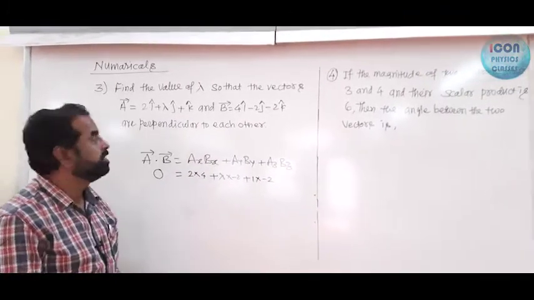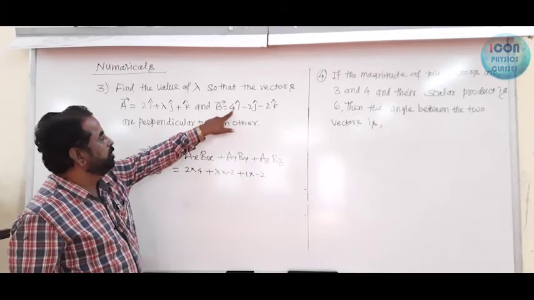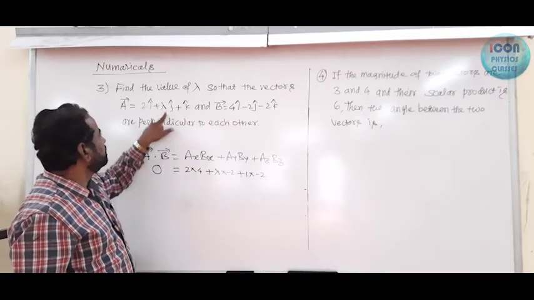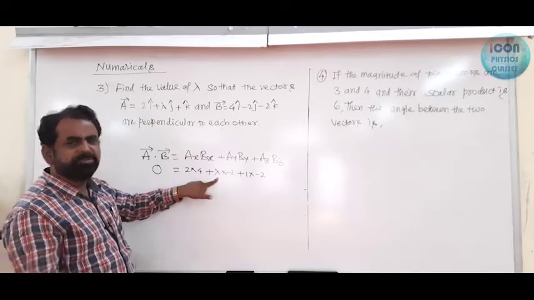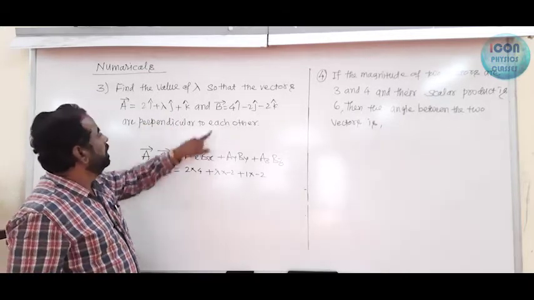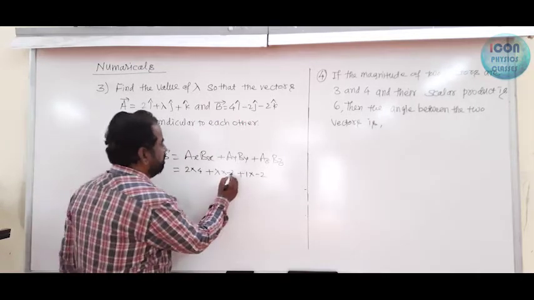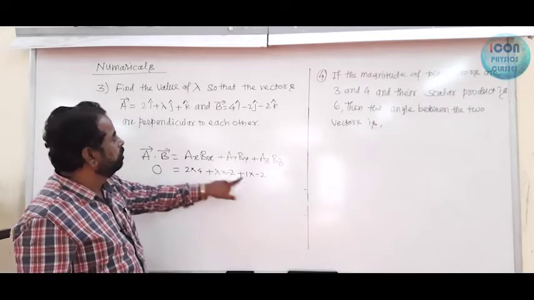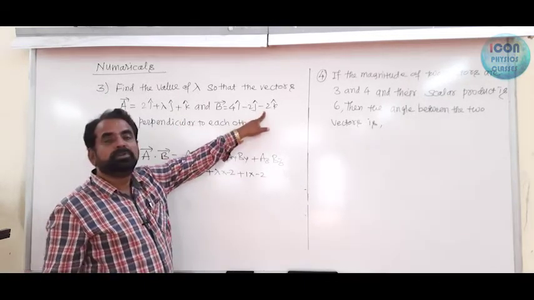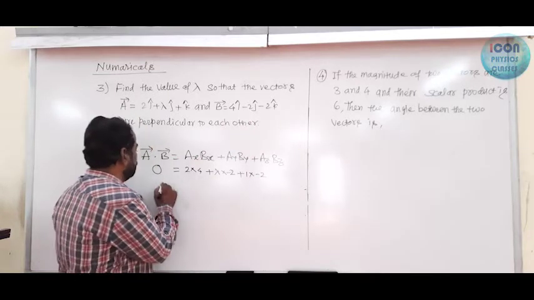Notice, the i coefficient is 2, here the i coefficient is 4, here the j coefficient is lambda, whatever may be given, and the j coefficient is minus 2. Then the k coefficient is 1 and the k coefficient is minus 2, and this is equal to 0.